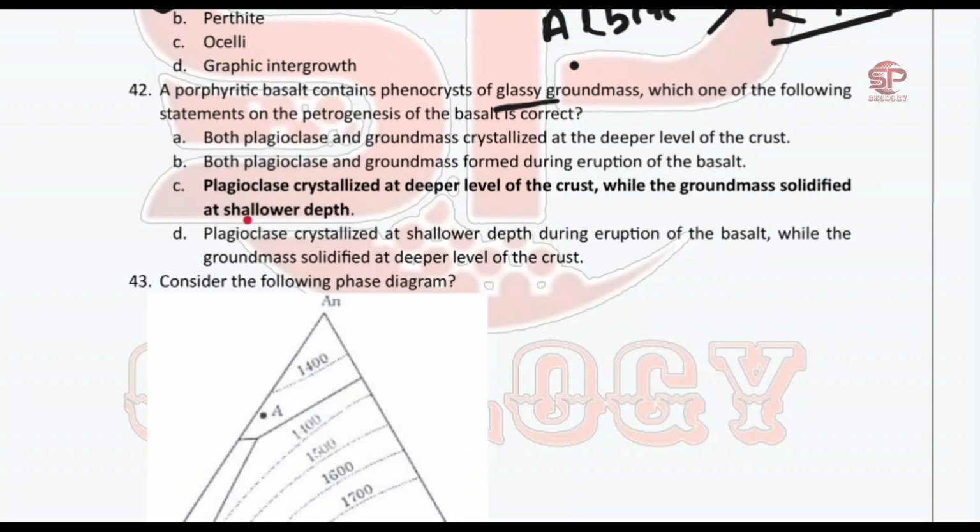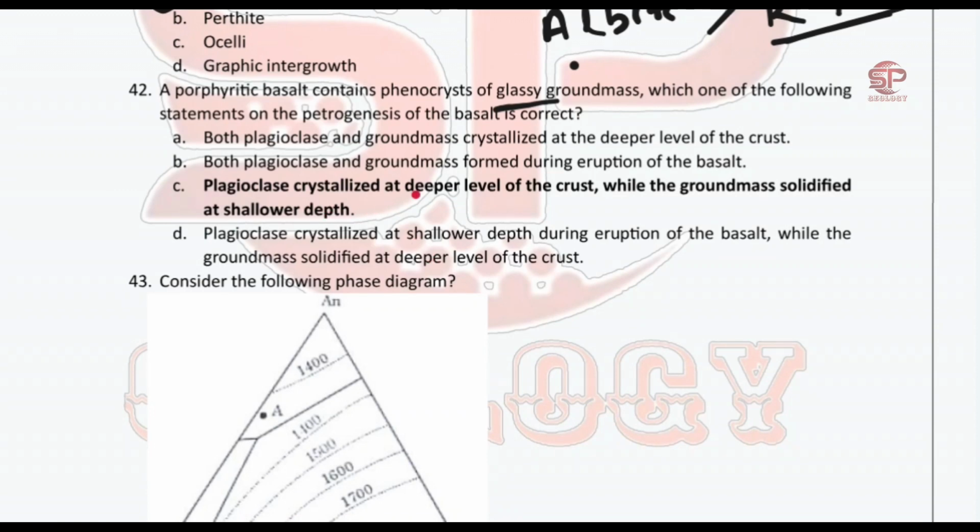So glassy groundmass means it solidified at shallow depth or in rapid cooling conditions. So both plagioclase and groundmass formed during eruption of the basalt. If both formed during eruption, then both should be fine grained. So it will be incorrect. Plagioclase crystallizes at deeper level of the crust while the groundmass solidifies at shallower level. It will be correct.